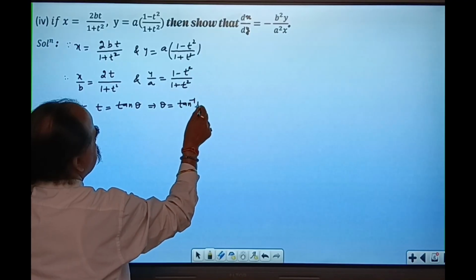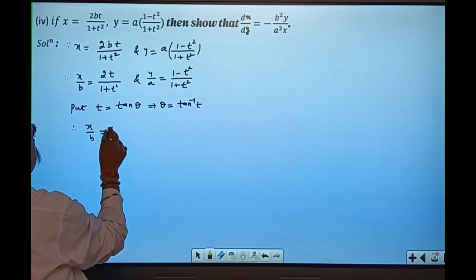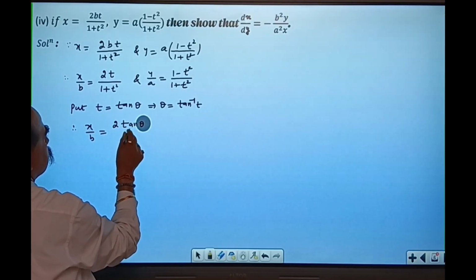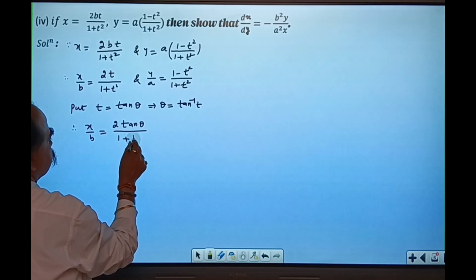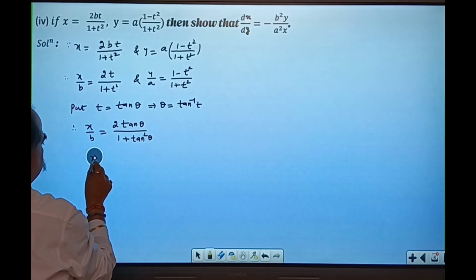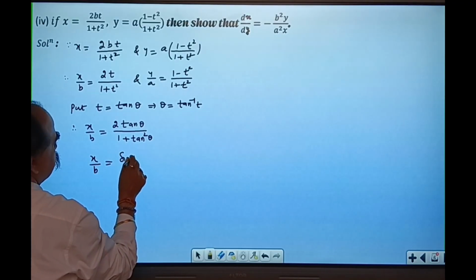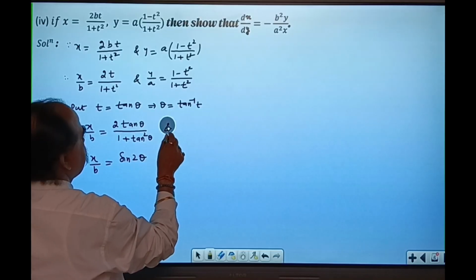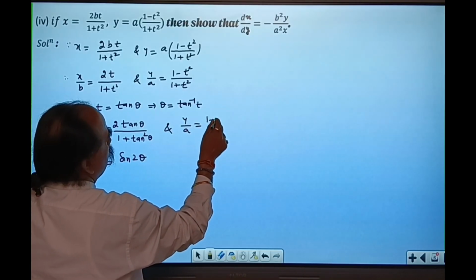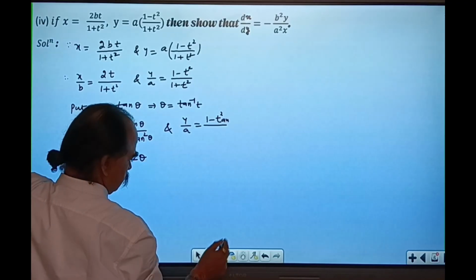Put t is equal to tan theta. So theta is tan inverse t. So x upon b is 2 tan theta upon 1 plus tan square theta, and x upon b is what? Sin 2 theta.